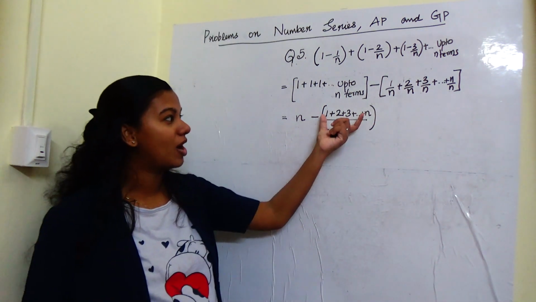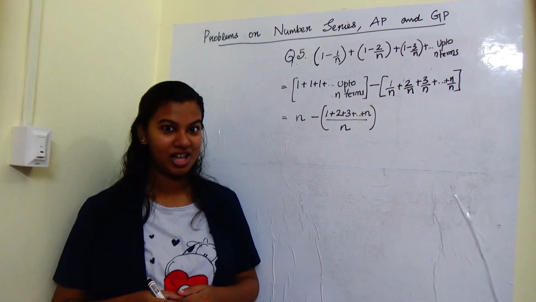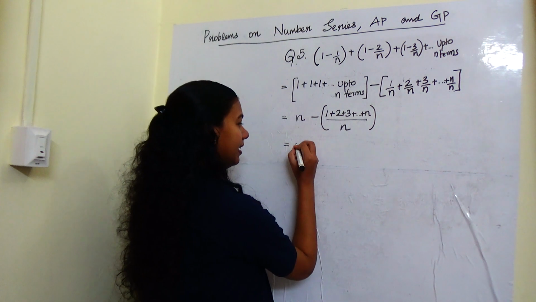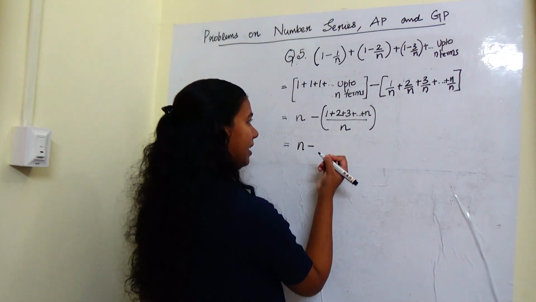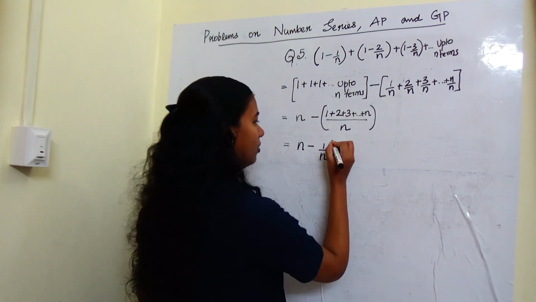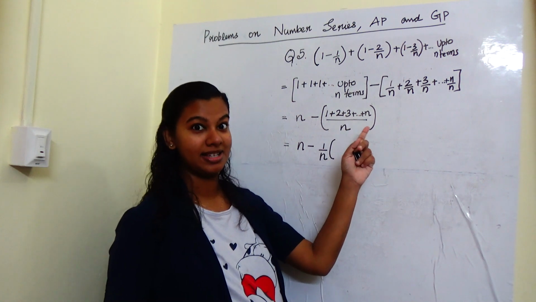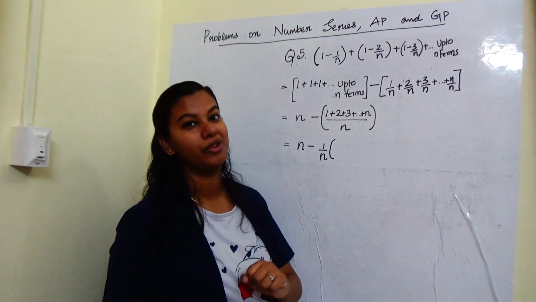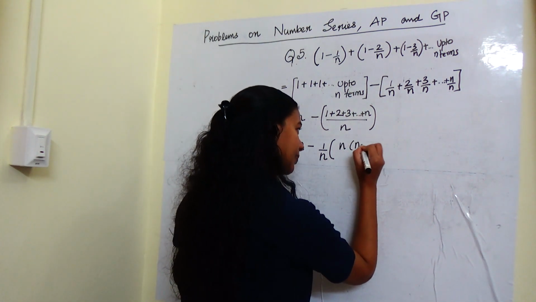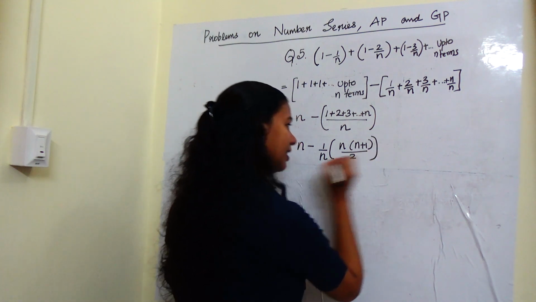Now what about the numerator? It is the sum of n natural numbers. So we already know the formula for that. So I write it is equal to n minus 1 by n, I will keep it outside, and here 1 plus 2 plus 3 plus etc. plus n. I will write down the formula for the sum of n natural numbers. That is n into n plus 1 divided by 2.